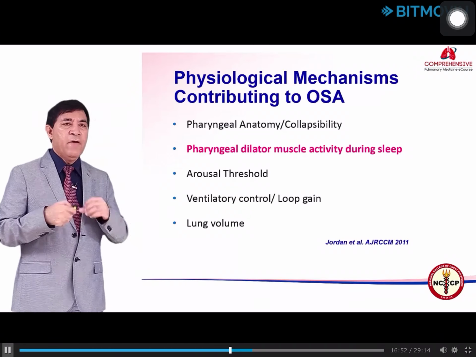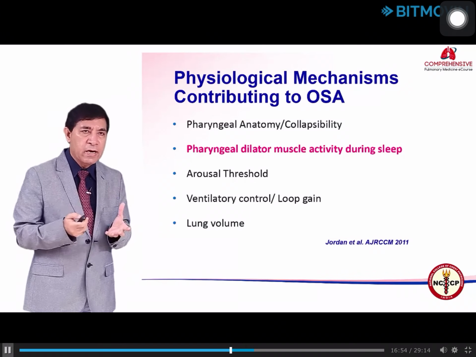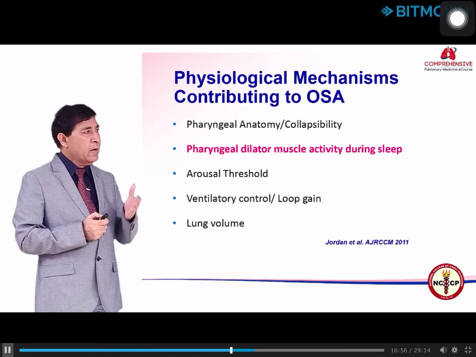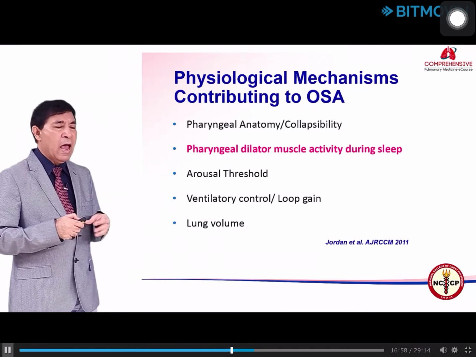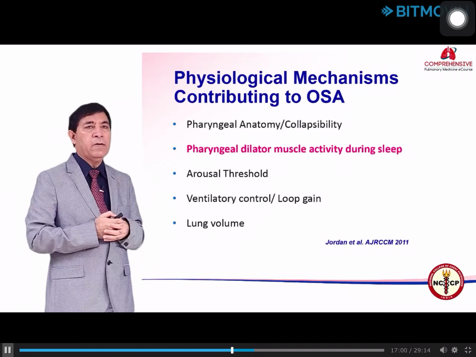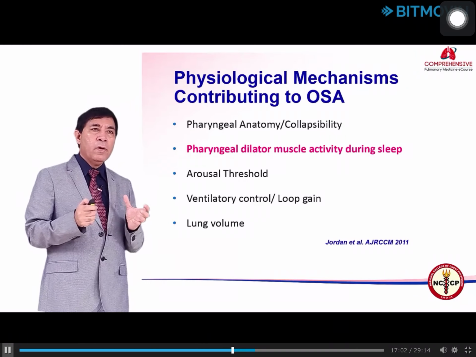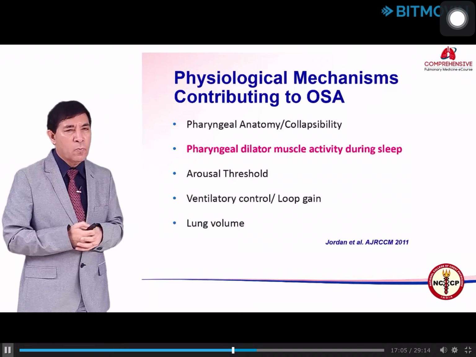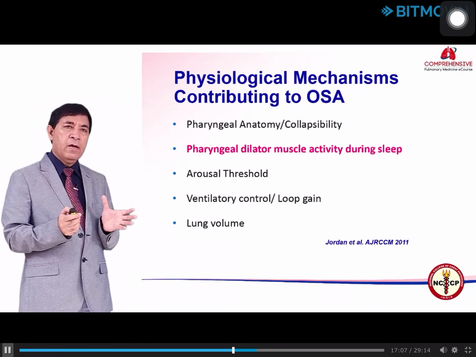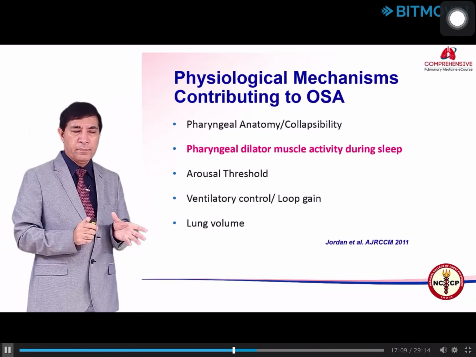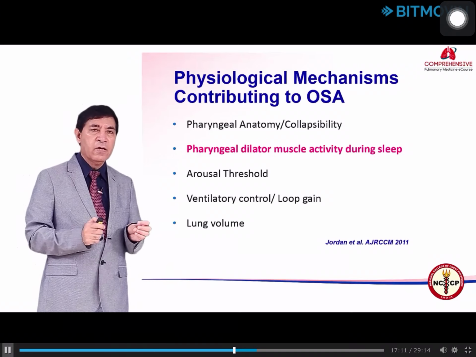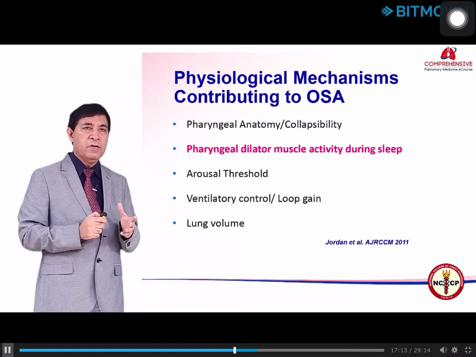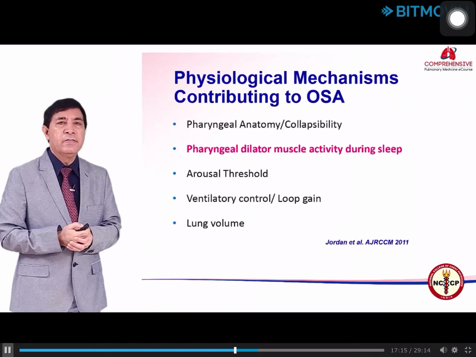There are factors which normally compensate for this deficient anatomy, and that is the enhanced activity of the pharyngeal dilator muscles. Those patients who have an anatomically small pharynx keep their pharynx open during the daytime, during the waking hours, because of the compensation by overactivity of the pharyngeal dilator muscles.